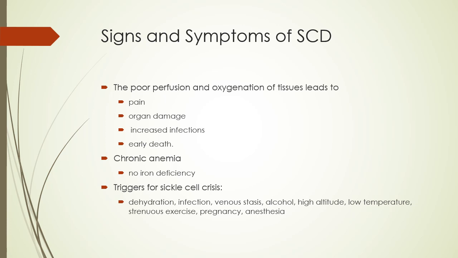And it's interesting that if you order a blood transfusion for a person with sickle cell disease, the transfusion may lead to iron overload. So special considerations should be taken not to lead to iron overload.